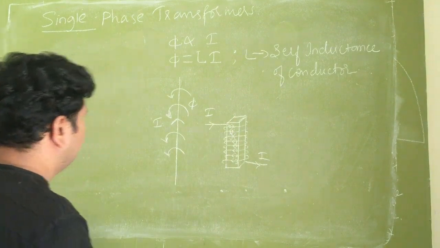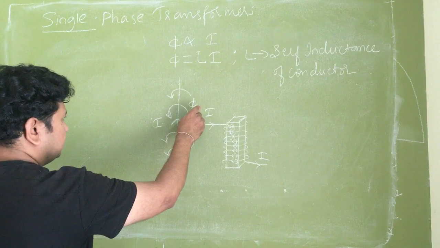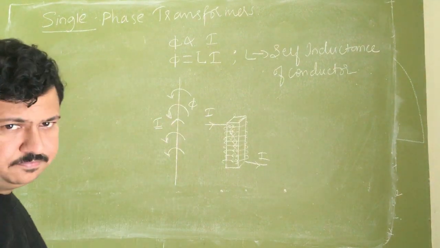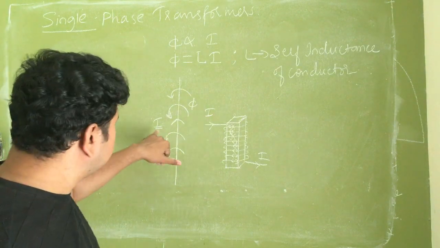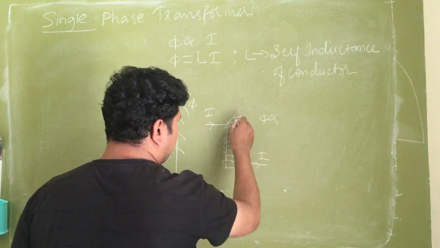If the flux produced by this conductor is phi when carrying current I, the flux produced by this coil when carrying the same current is proportional to the number of turns.